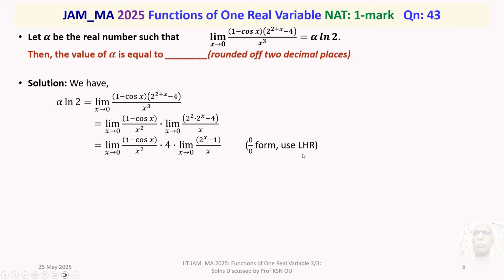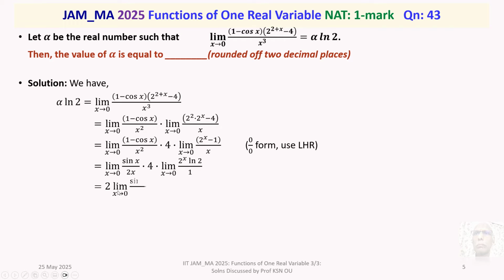That is equal to limit x tends to 0 of the derivative of 1 minus cos x, that is sin x, by the derivative of x square, which is 2x, into 4 into limit x tends to 0 of the derivative of 2 power x minus 1, which is 2 power x log 2, by the derivative of x, which is 1. And 1 by 2 comes out from here. This is 4, and 4 by 2 is 2.